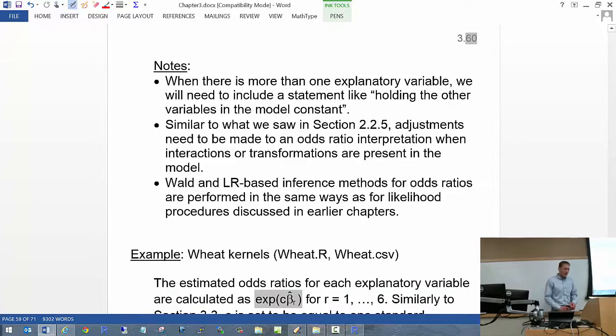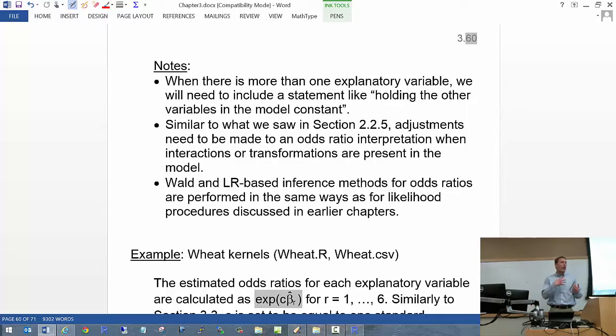Well, some notes then. This is on page 360. These notes basically come out of chapter 2, and that is if you have more than one explanatory variable and you want to interpret the odds ratio, then you have to say holding all the other variables in the model constant. If you have some kind of interactions or transformations, the odds ratio is not going to be this simple form anymore. And again, essentially the stuff from chapter 2 is going to apply here.